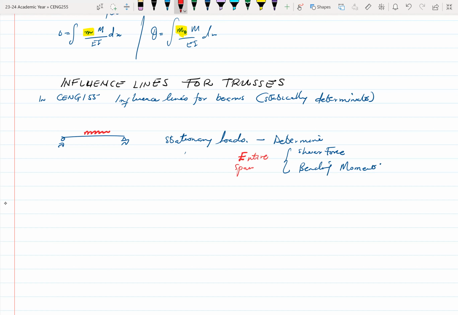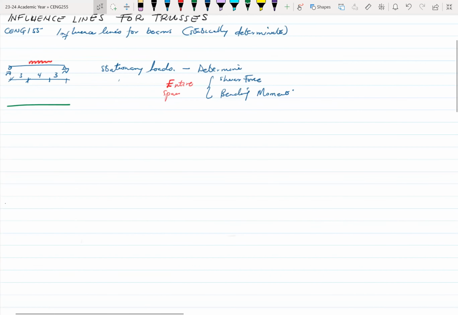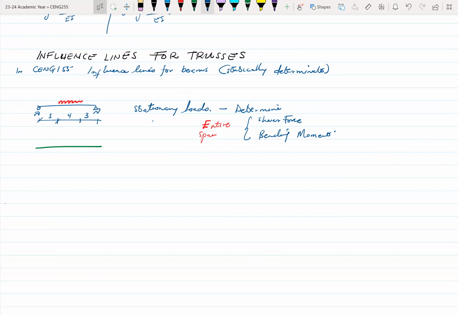Normally, if you have this to be your beam, let's say here we have 3, 4, and 3 meters. Your bending moment diagram, or let me start with the shear force, your shear force diagram. Just trying to figure out why I have different pen thicknesses.